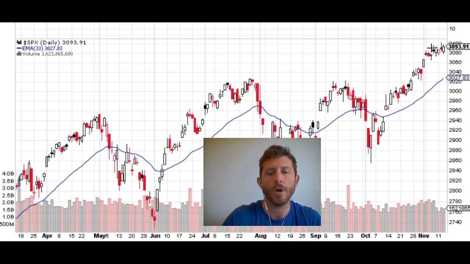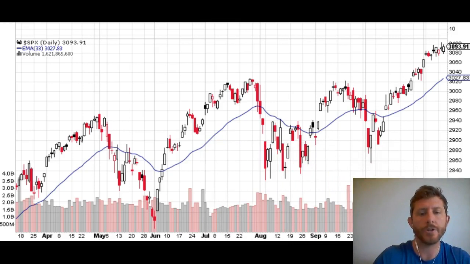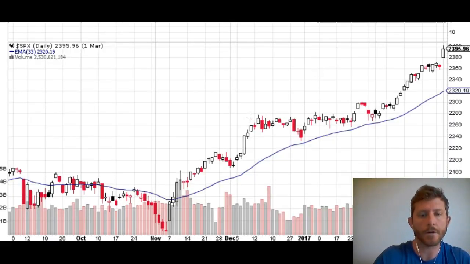And notice how we're not really trading down at all. We're just kind of consolidating sideways. And this is very, very similar action to right here, all right? Obviously, it traded sideways in 2016 for another month or so before it continued higher once again. But as of right now, we're right around here that I see it on the S&P 500.